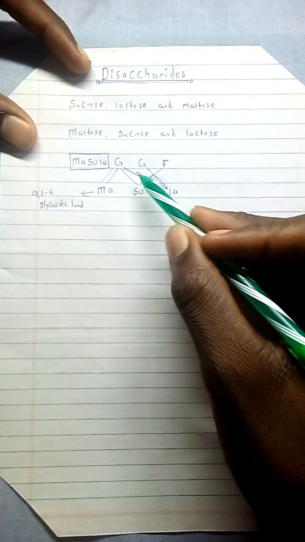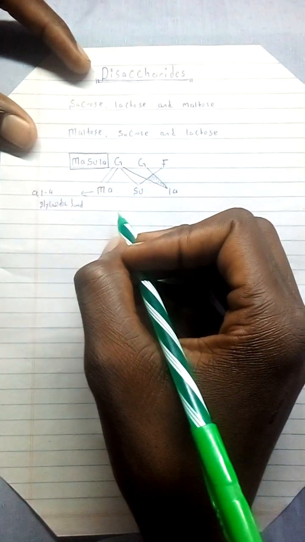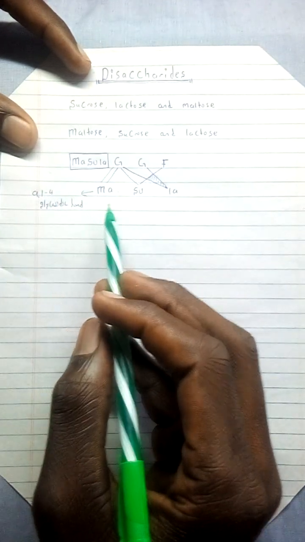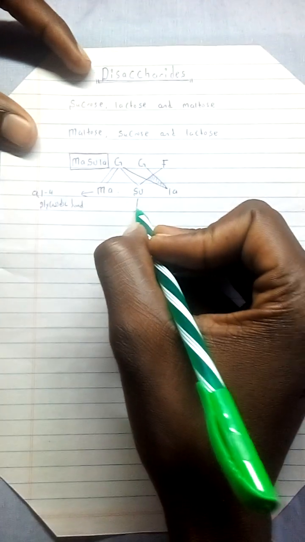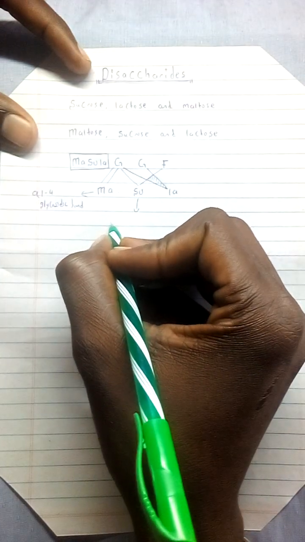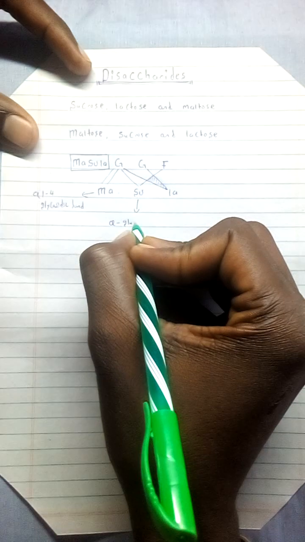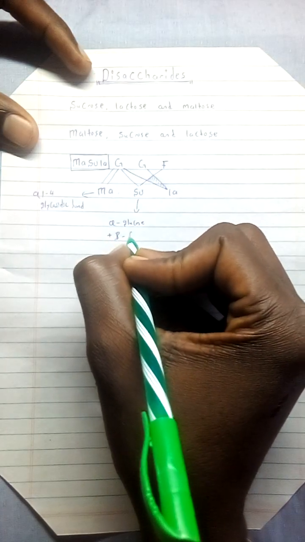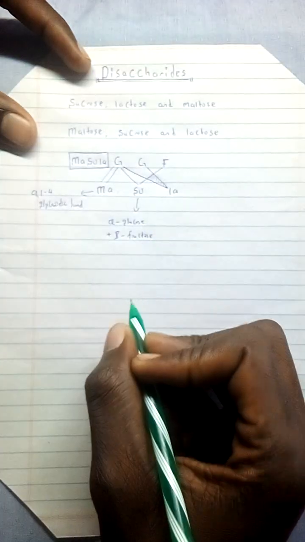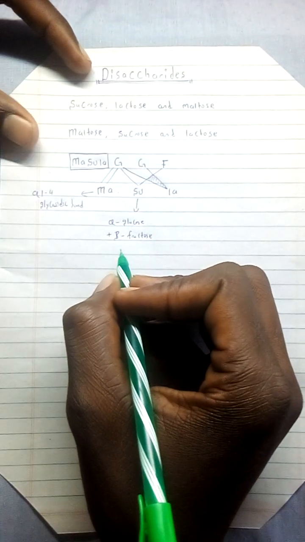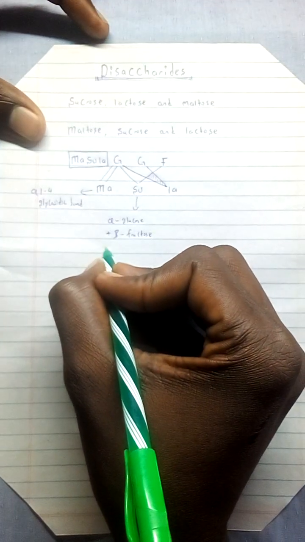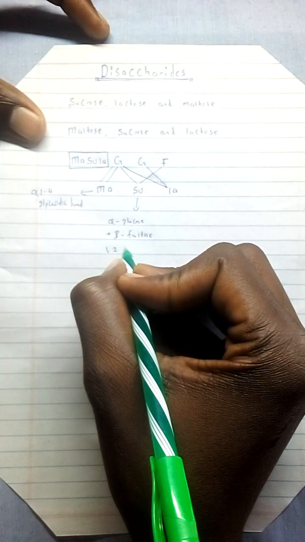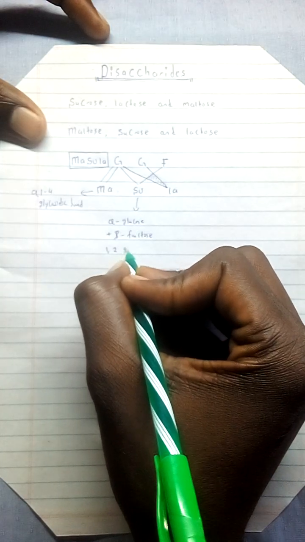So for this one, we've said the first part is made up of alpha glucose, and for sucrose it is made up of alpha glucose plus beta fructose, which are connected through a 1 2 glycosidic bond.